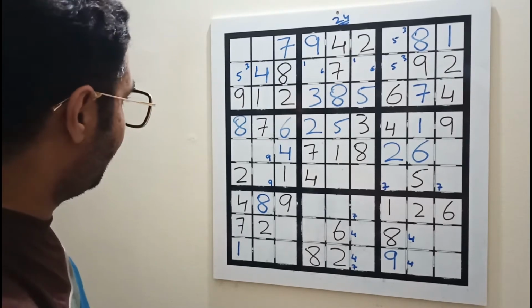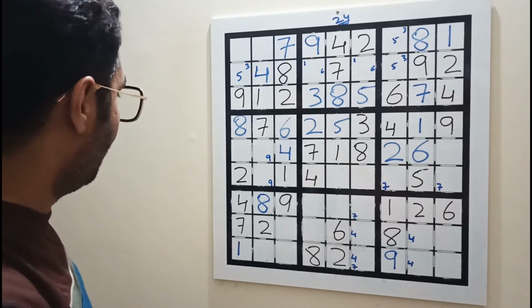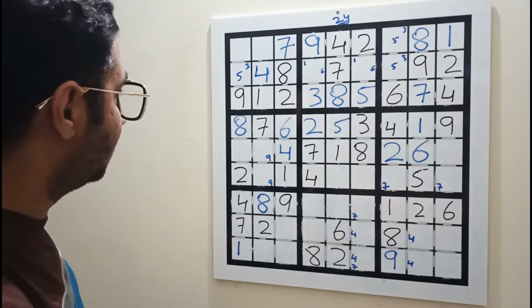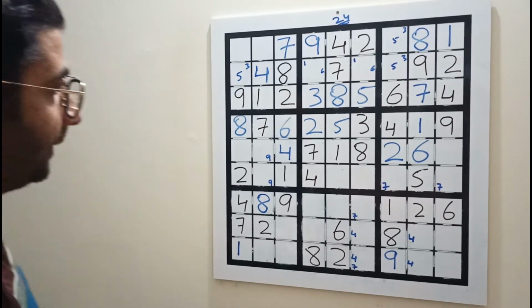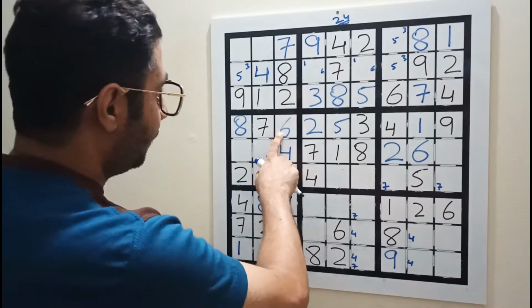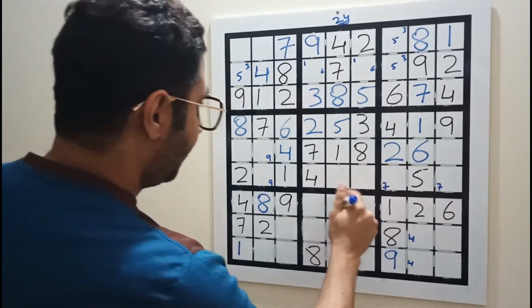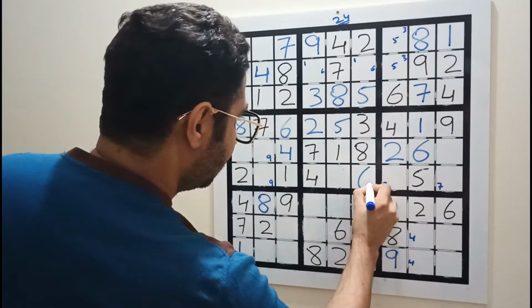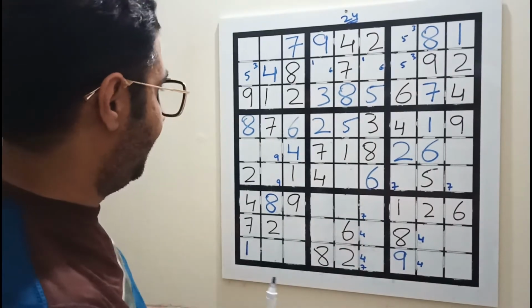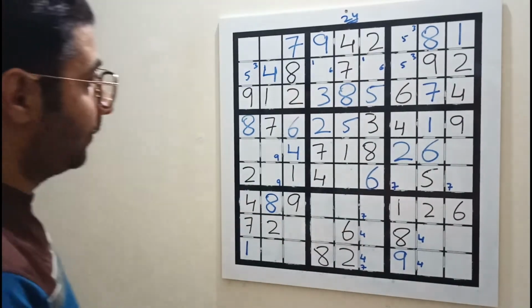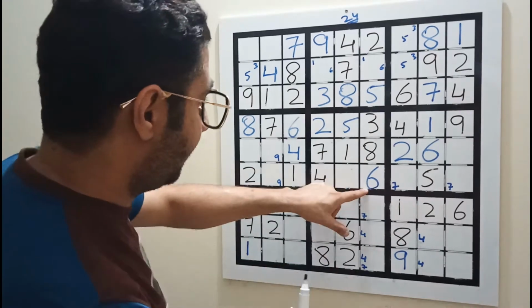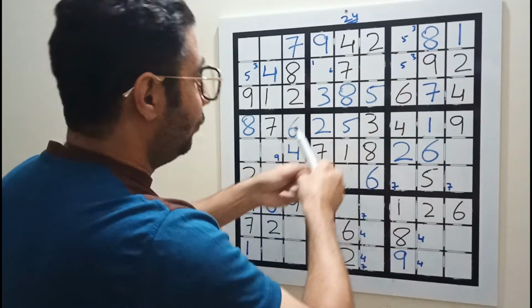Now, what will we do? 5, 6. We got 2 6s. Top, middle, it has to be in the bottom. We got 6 here. This can no longer be a 6.